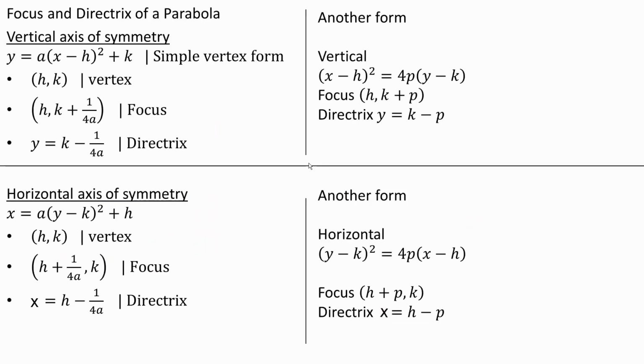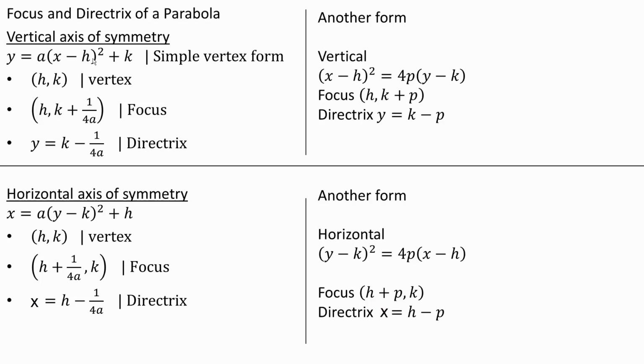Here are some general formulas, and I will explain why these forms are equivalent. I'm showing the formula for vertical axis of symmetry and horizontal axis of symmetry. Let's say we have y is equal to a parentheses x minus h close parentheses squared plus k.